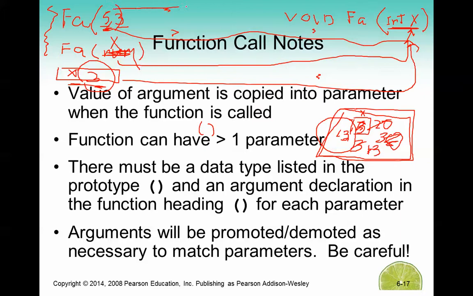The 5 is going to go into x, and when the 3 is trying to be copied somewhere, it doesn't have anywhere, so it's going to be lost in space, and this is going to give us an error. So I need another recipient for my 3. I need another variable for my 3.